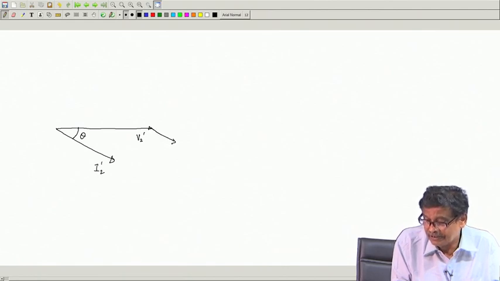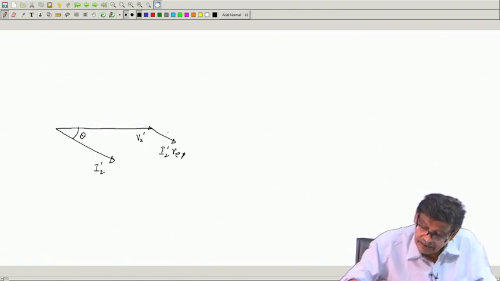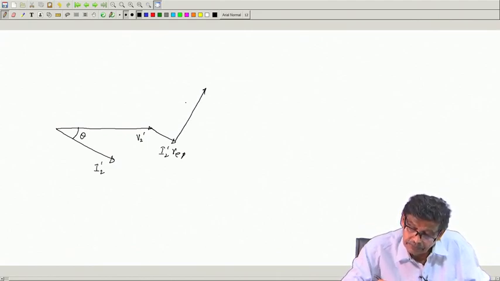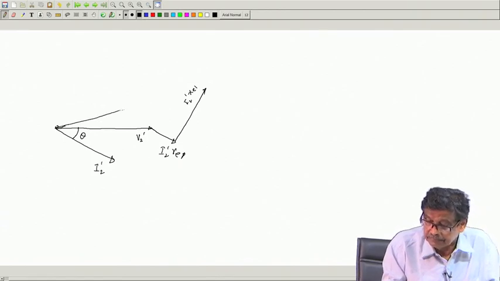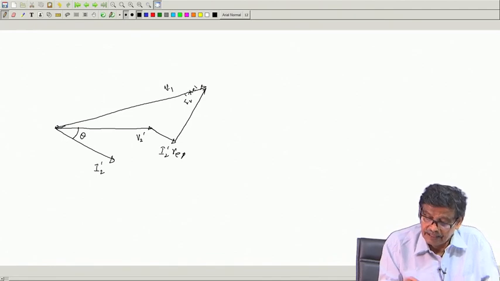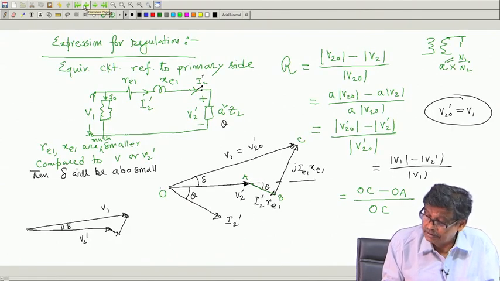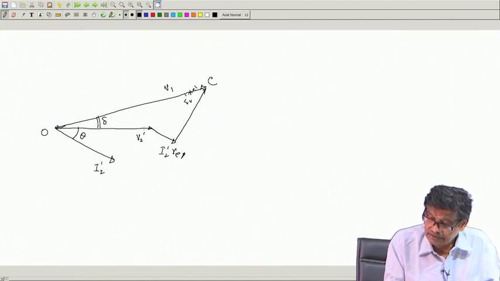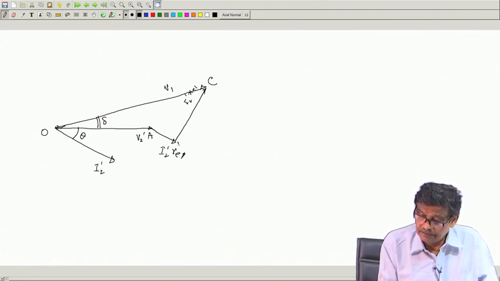So, this is suppose I2 dashed R_e1, and then 90 degree here, and this is suppose I2 dashed X_e1, and this length is your V1, and this angle is delta, and I named it as, if I remember correctly, OC, OA, B. So, OC, this I called OC, OA, where is B? This point, like this.